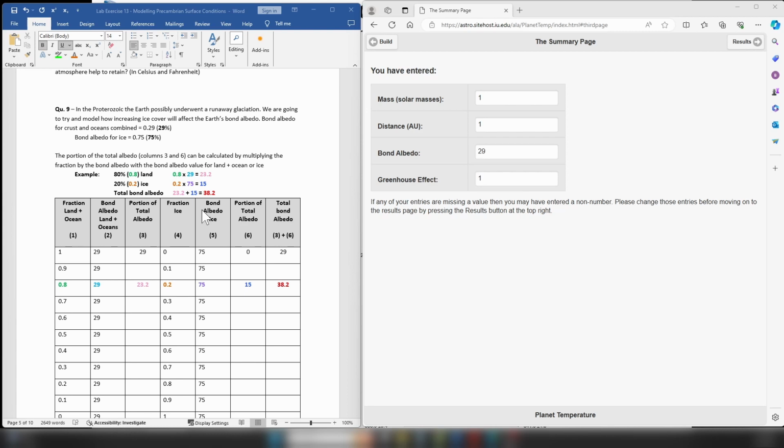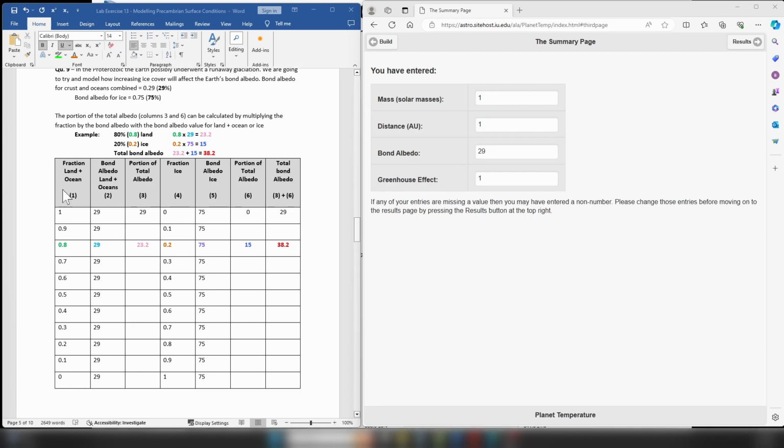We are going to be thinking about what kind of conditions you would need to have achieved in order to allow this runaway glaciation to begin. To begin with, we need to calculate changes in bond albedo associated with changing ratios of land and ocean versus ice.